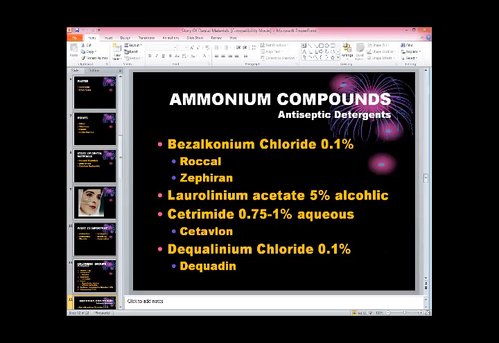This is a good detergent and very good antiseptic and available in the market. The alcoholic solution helps us kill the bacteria. We use it in dentistry, especially when making mouthwashes. It is very helpful in mouthwashes, and in cases of necrotic gingivitis it is very effective.